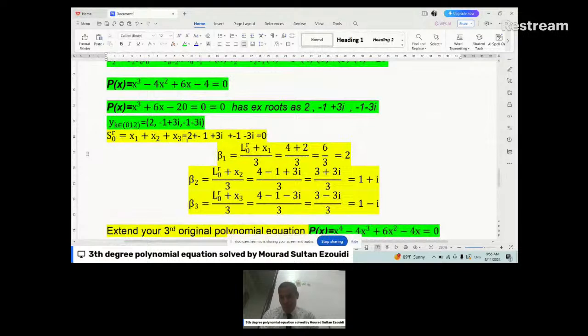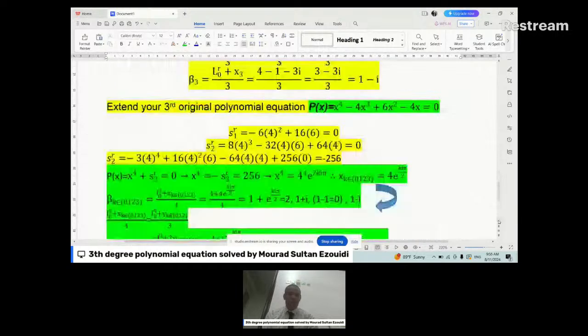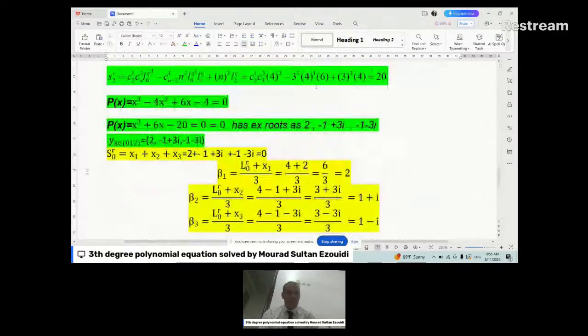So it will be 2, minus 1 plus 3i, minus 1 minus 3i. Now, if you use the method of Cardan, you will find a mistake. You will say the method of Cardan is not correct to solve this. So our original polynomial is this, isn't it?